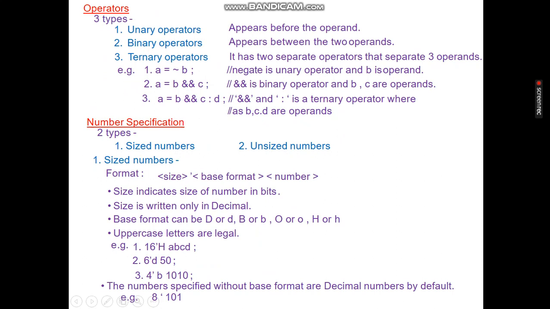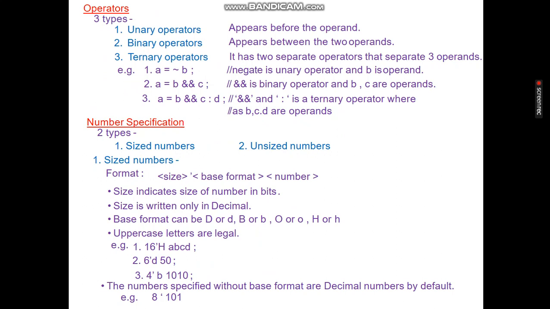Now let us see the operators. We know that operators perform the desired kind of operation on the operands, whether it is a mathematical or logical operation. Depending upon the number of operands involved in the operation, operators are categorized into three types: unary, binary, and ternary operators.